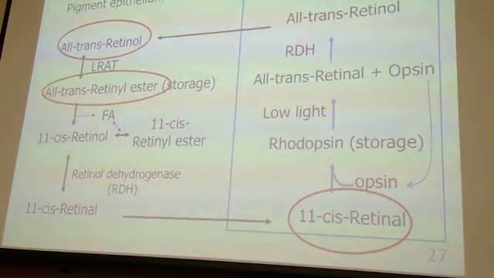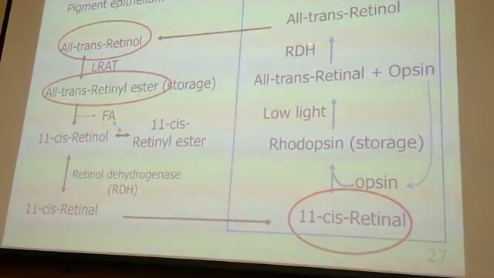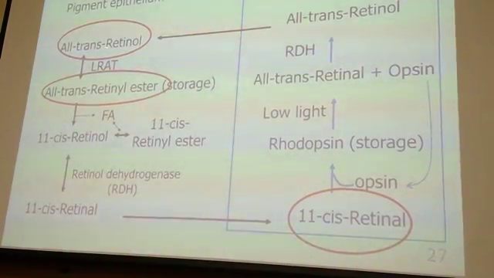So we just have a series of changes in the conformation of that retinal, right? From an all-trans back to an 11-cis. And so we have a couple different steps of the dehydrogenase in a passage between the cells to get back to 11-cis retinal, which can serve as the chromophore.